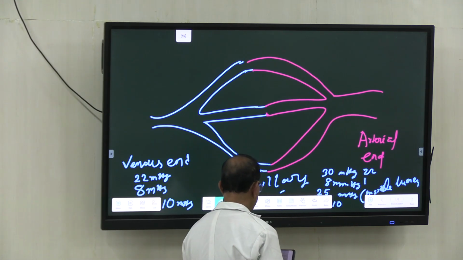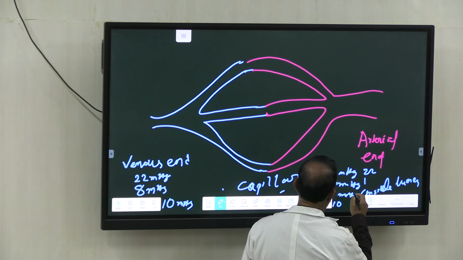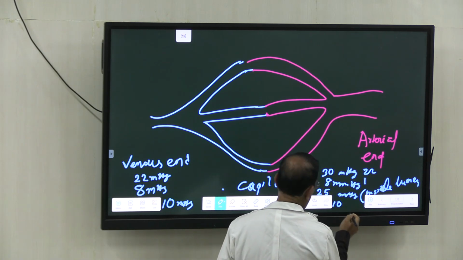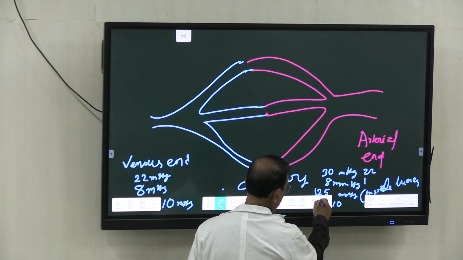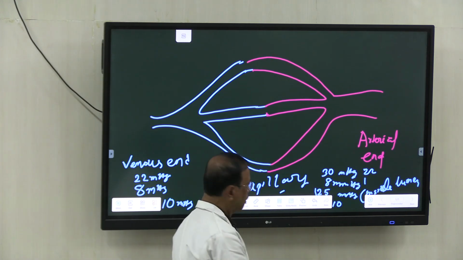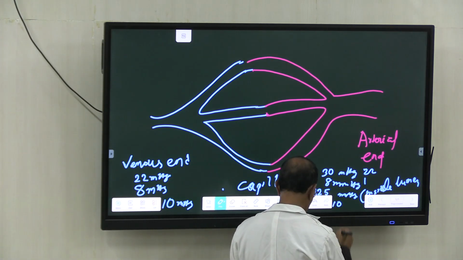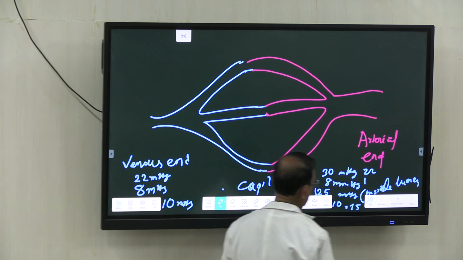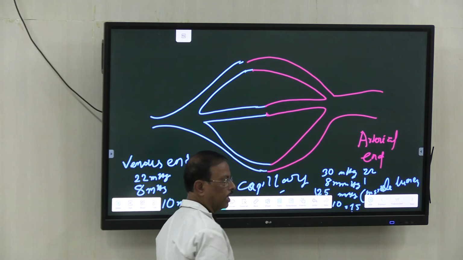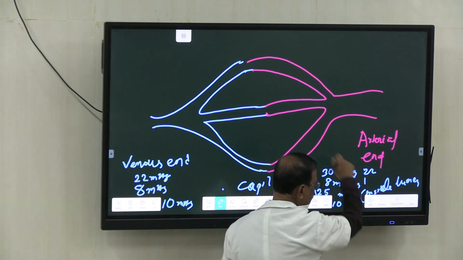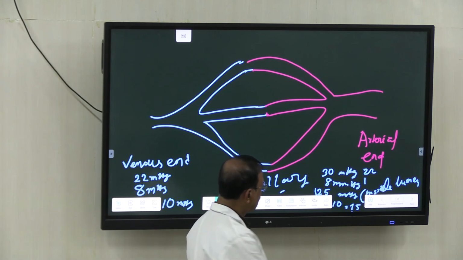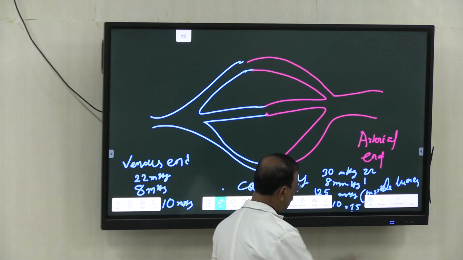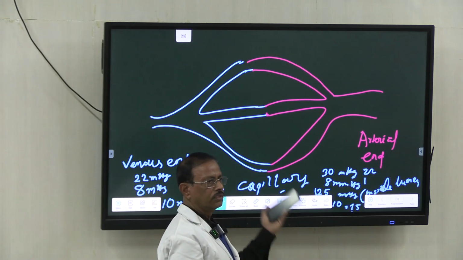So these two will try to push the fluid inside the lumen. So here is a difference of 15. Now this will try to push the fluid inside and this will try to push the fluid outside. The one trying to push the fluid outside is 22 and the one trying to push the fluid inside is 15.